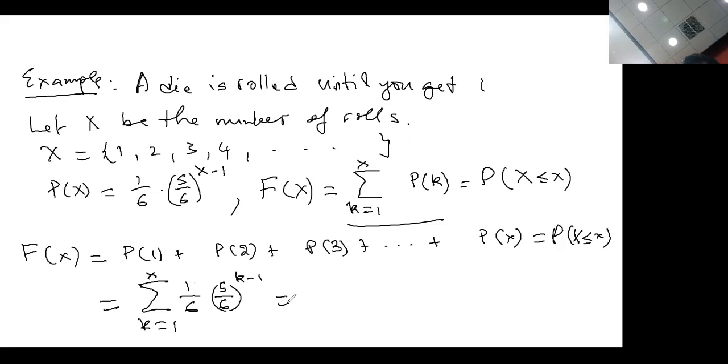So I can write this as a sum. I will take 1 over 6 out, and I will say k equals 1 to x, 5 over 6 raised to power k minus 1.